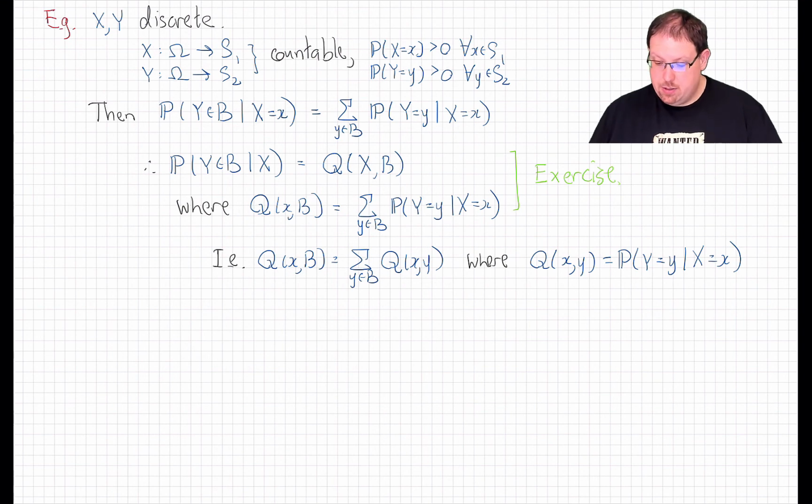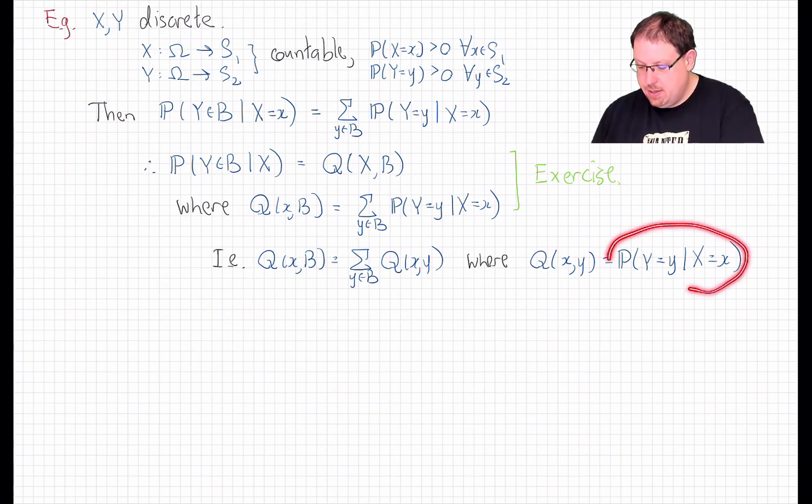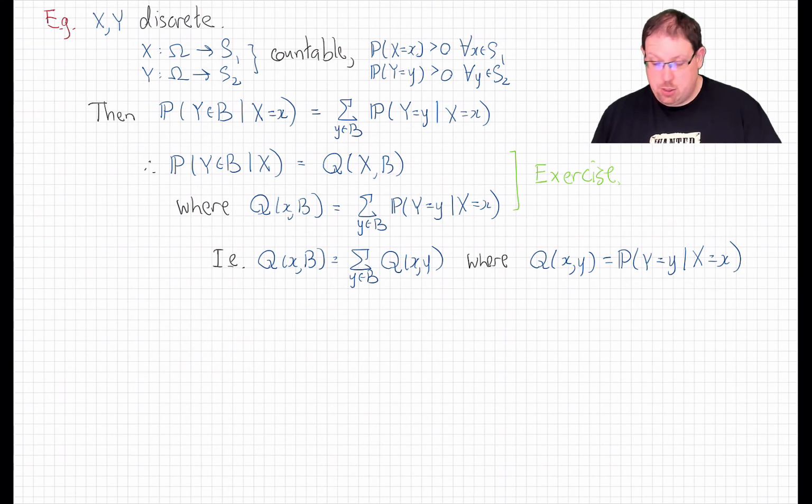In other words, in the discrete setting, a regular conditional distribution just amounts to finding a function of two variables such that the probability that Y equals y given X can be computed as that function q of x, y, with X substituted in for the random variable X. And in fact, that function of two variables is nothing other than what's sometimes called the transition kernel, the probability that Y equals y given that X equals x.